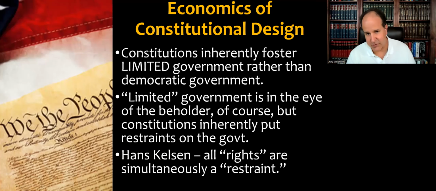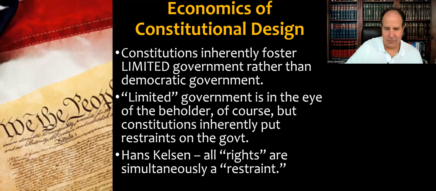There are lots of people who say they want limited government, but they also want censorship of what's shown on television or what's taught in the schools. They want a lot of controls over what their children are taught in schools and things like that.